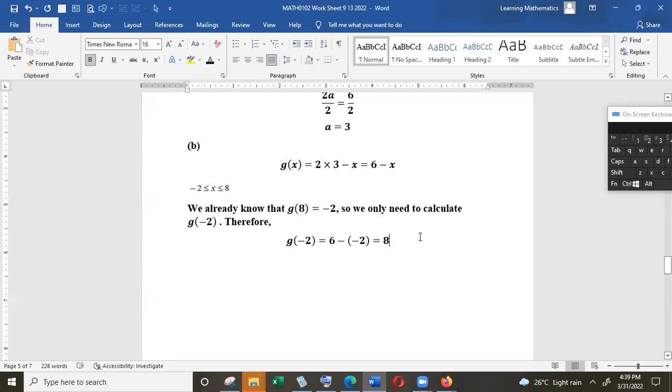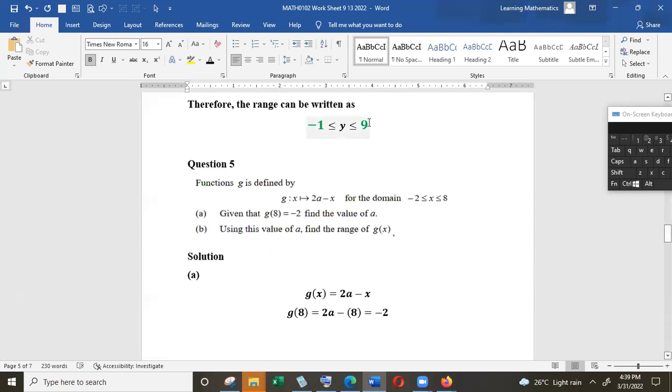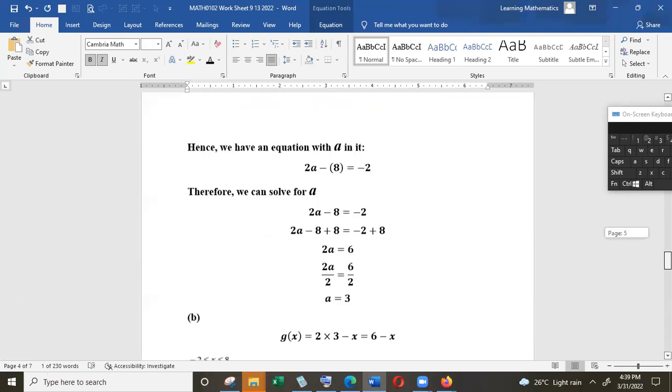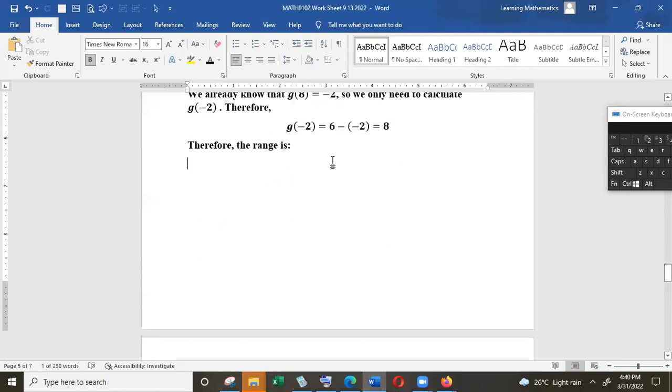Okay, so therefore the range is, now remember we have to write the range with the letter y. So y is between, and just copy this format right here. So what are the two values we get for y? Anybody would like to share with us what are the two values we got for y?